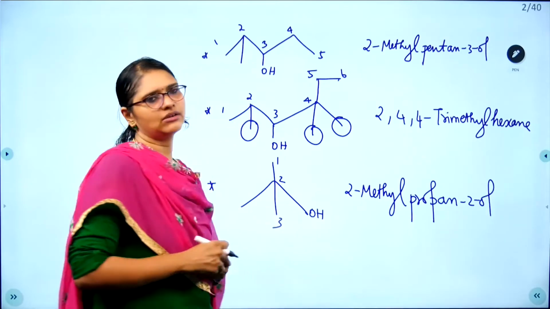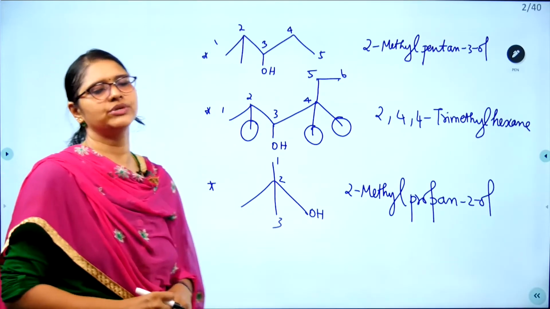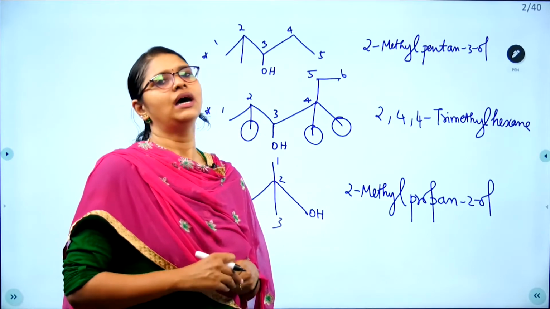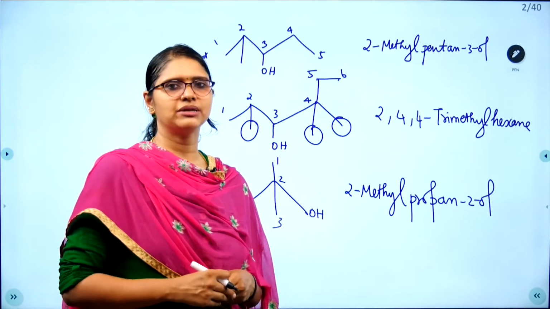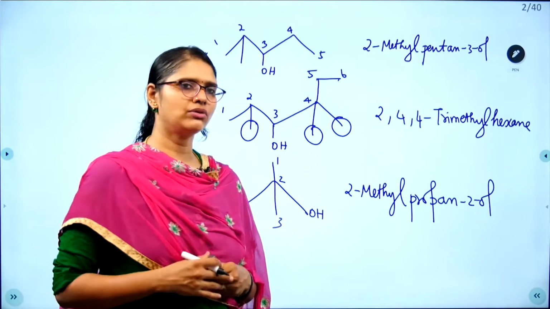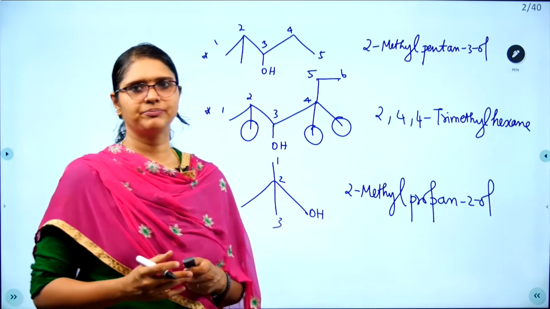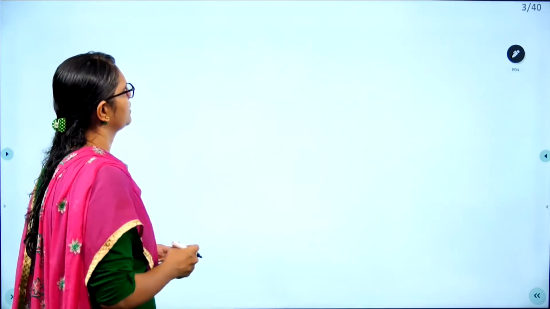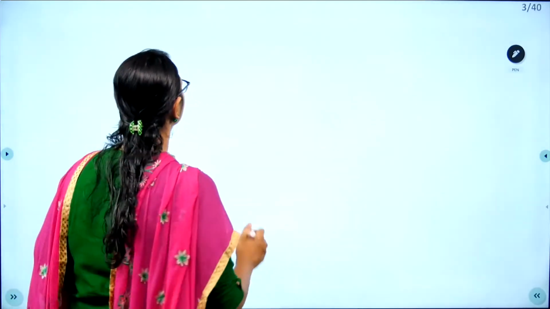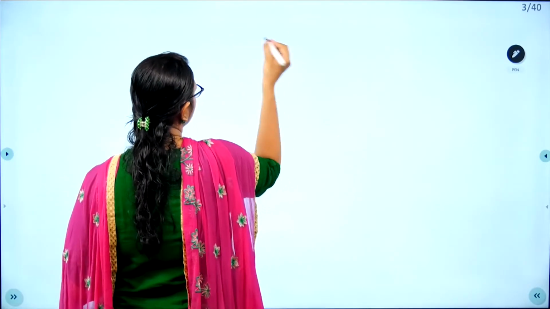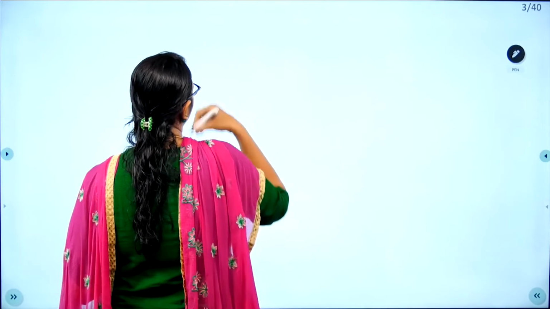First, select the longest carbon chain, and see that the substituent and the functional group get the least number. If they are attached to the same carbon atom, as in 2, 4, 4, you have to represent the number 2 times. This is a tertiary alcohol, the previous one.